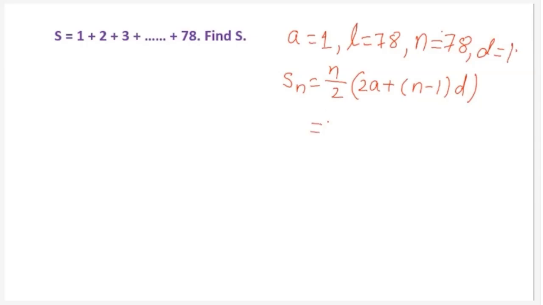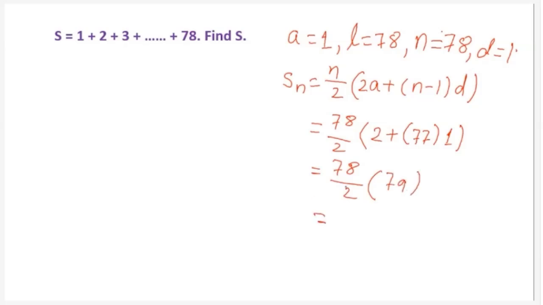So let us substitute the values. n कितना है तुम्हारा? 78 divided by 2 in bracket 2a. 2a will be 2 into 1, which will be 2, plus n minus 1. N is 78 minus 1 is 77. D is 1. So that becomes 78 divided by 2, bracket to be solved first. 2 plus 77, that is 79.